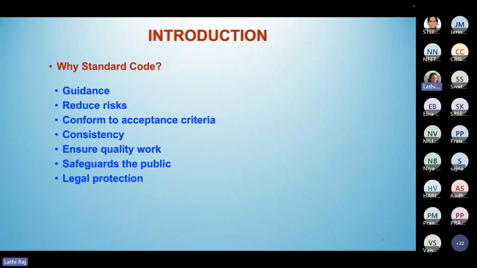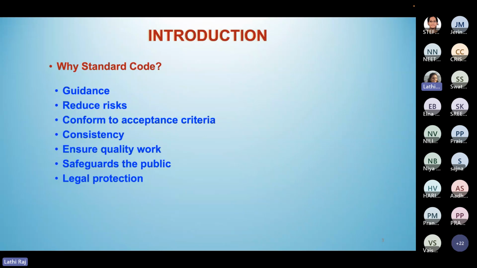Then when the construction is being done in a similar place, in the sense, when you are considering a place, whether the earthquake prone area, what is the zone of earthquake, it is zone 3 or zone 4. So if the zone is 3, when I am designing that particular column for zone 3, that particular design should be consistent with some other design some other person is doing for the same conditions. So that will give you a consistent design.